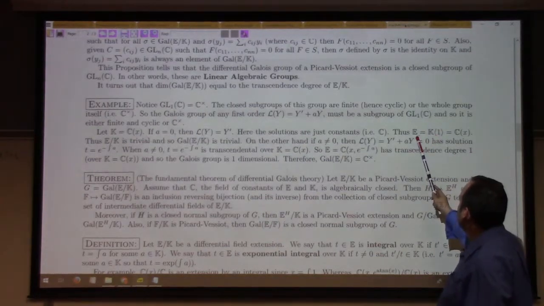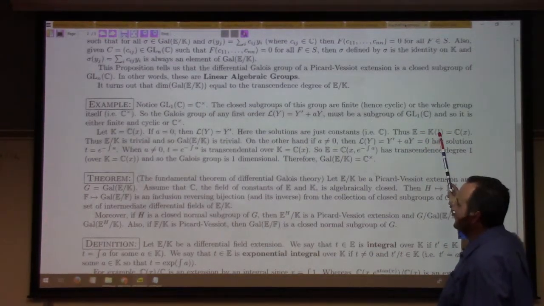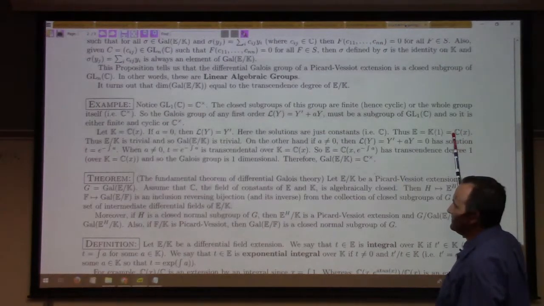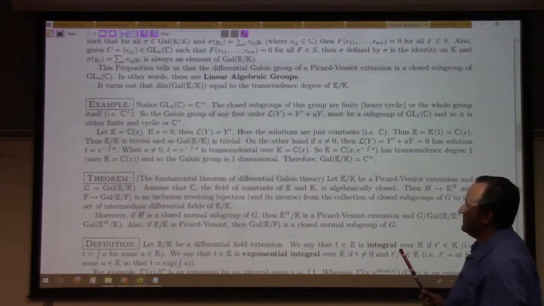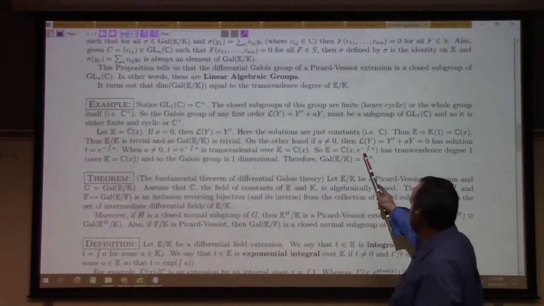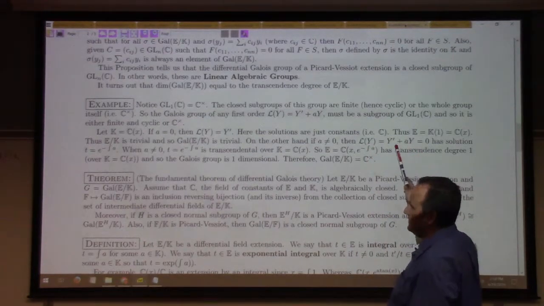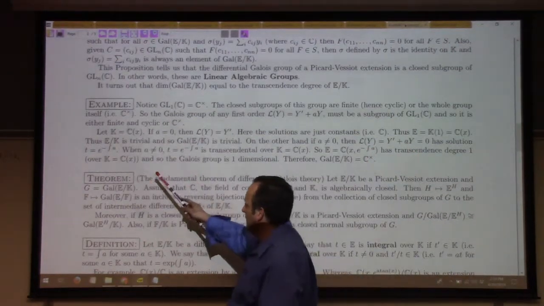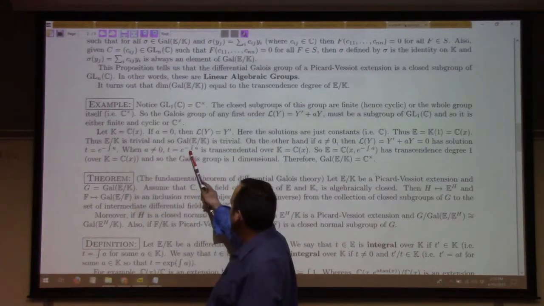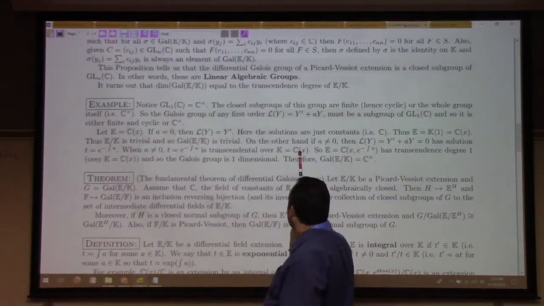So he says E over K is trivial in this case, because you already have the constants, I suppose. So in this case, the Galois group is trivial. On the other hand, if A is not equal to 0, then this has solution T, the integral of that. When A is not equal to 0, this is transcendental over K.